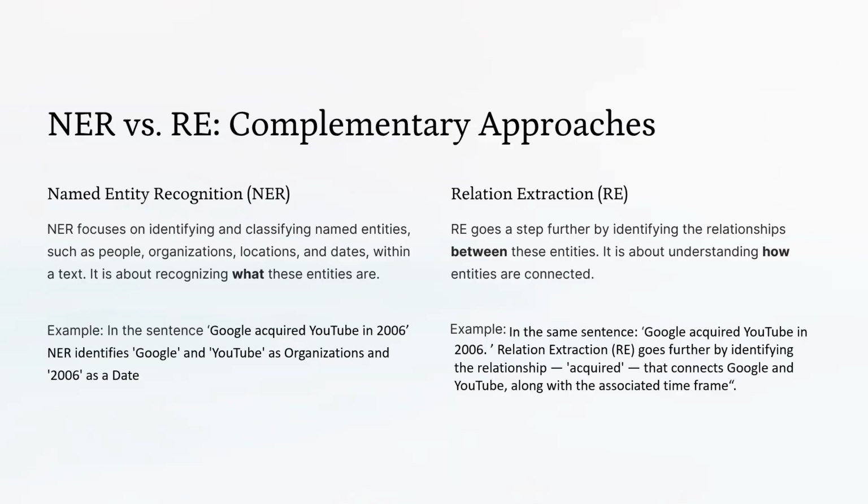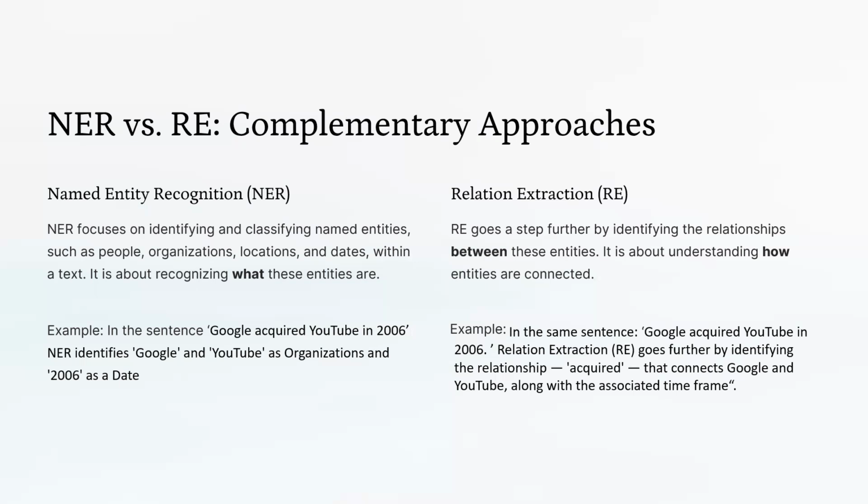Basically, it focuses on identifying and sorting entities into real world things like people, locations, and dates, etc. If you consider this example, Google acquired YouTube in 2006, named entity recognition identifies Google and YouTube as organizations and 2006 as a date.